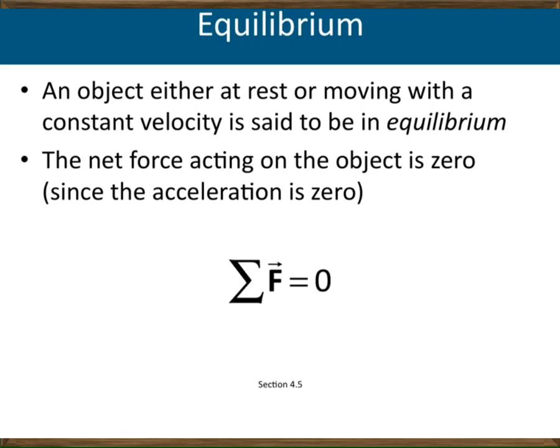There is a special state of objects which we call an equilibrium situation. We say that objects are in equilibrium if all the forces acting on the object add up to 0. For example, this bottle is under gravity, right?